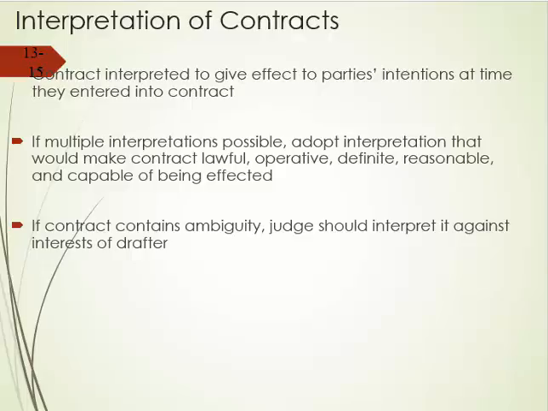Because by the time you need to interpret a contract, there's a dispute. So you have party A and party B, and sometimes more than just A and B, saying, oh, we meant this, or we meant that. This was ambiguous, so we thought it meant this, or we thought it meant that. And so these last two slides talking about the interpretation of contracts.